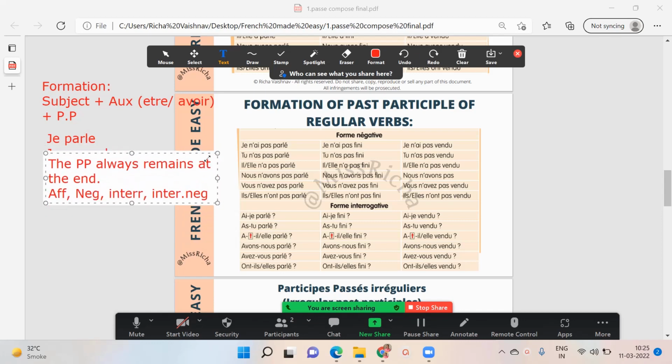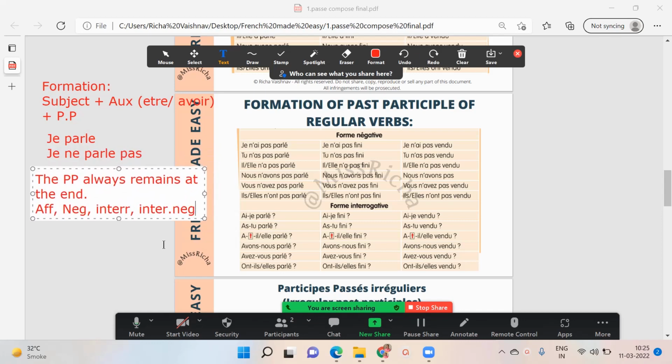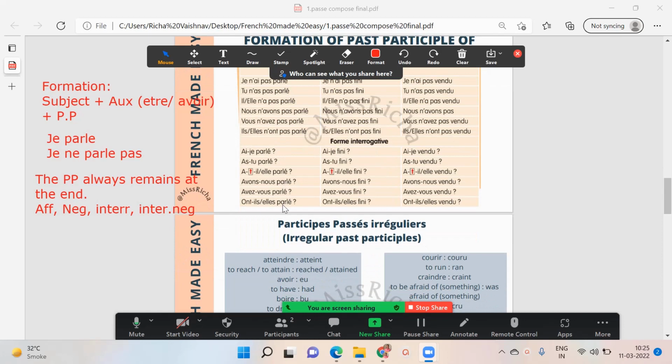So any of the forms that you take, this thing will not change. The PP always remains at the end. Alright? Like j'ai parlé, as-tu parlé, a-t-il parlé, avons-nous parlé, avez-vous parlé, ont-ils parlé, ont-elles parlé. So in the negative form, ne before the auxiliary verb, pas after the auxiliary verb, and the past participle is always at the end. I hope it's clear till now.